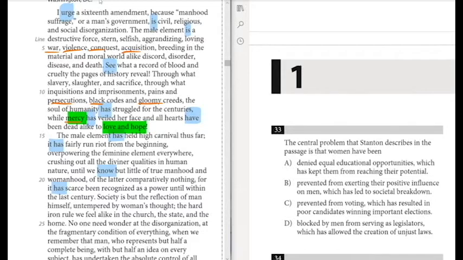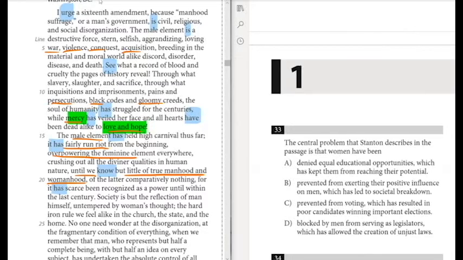We're seeing that in a male-controlled world, there's been all of this terrible stuff, destructive stuff, such as war, violence, conquest, acquisition, and persecutions, black codes, gloomy creeds, and mercy and love and hope, which are the female attributes according to this passage, have kind of been suffering.